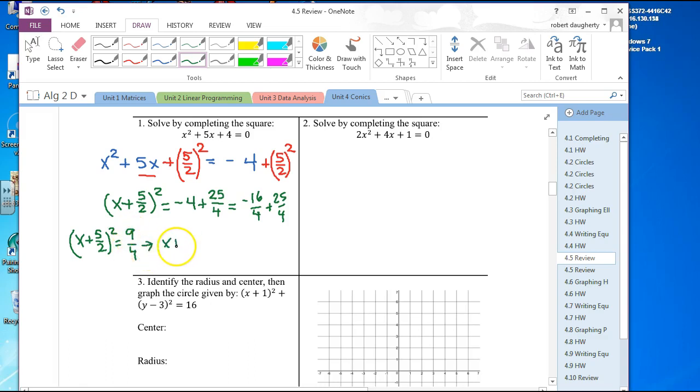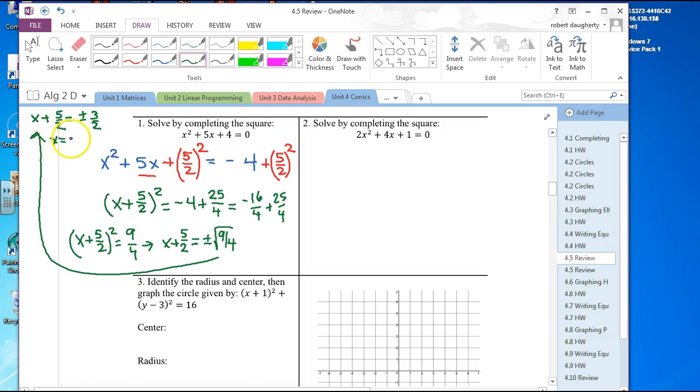So this means that x plus 5 halves equals plus or minus square root of 9/4. So this means that x plus 5 halves equals plus or minus 3 halves.